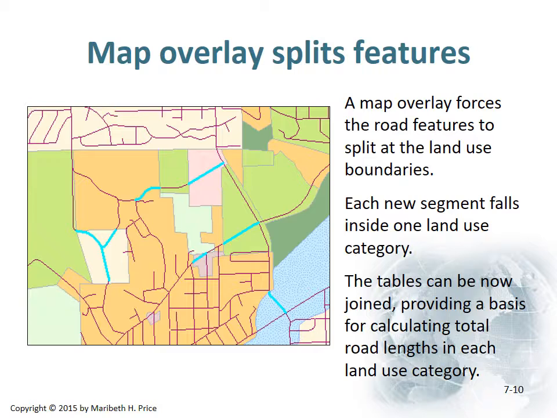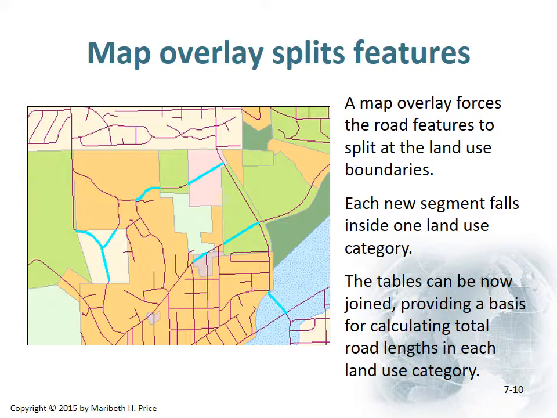And so basically we can combine those two tables together, and the table information from the polygon layer gets sucked into the line layer, and we split the lines at the borders of the polygons so that each line segment has the attributes of the polygon that it's sitting on top of.